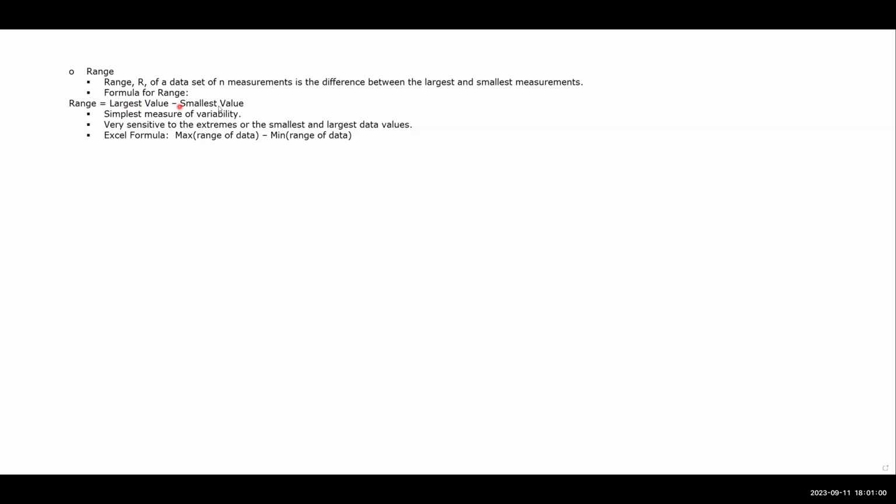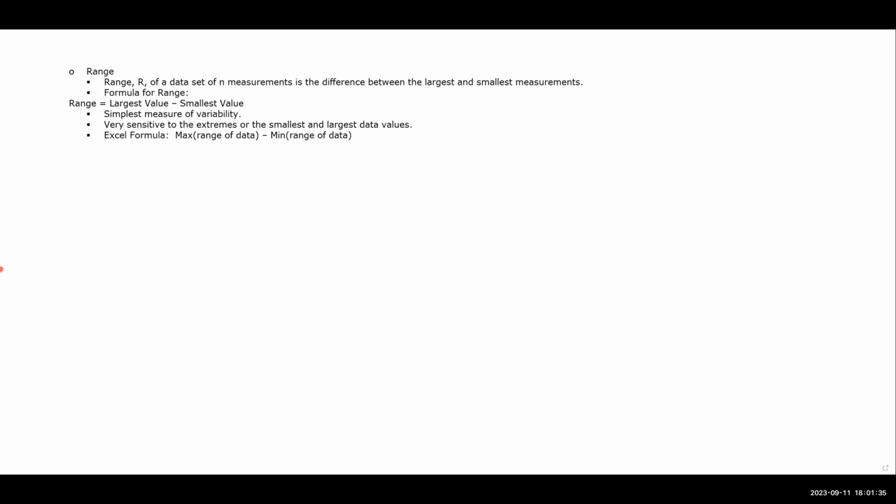It's just highest minus lowest. It's a very simple measure of variability, but it's very sensitive to the extreme values or outliers in the data set. For Excel, you would have to use a combination of two formulas. It would be max, you put the data in, minus min, put the data in. So once you put the data in, max will find the max, minus min will find the min, and the difference is the range.